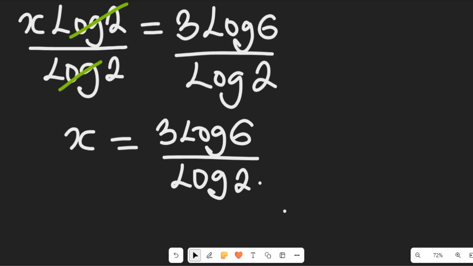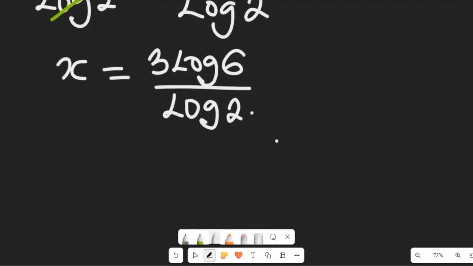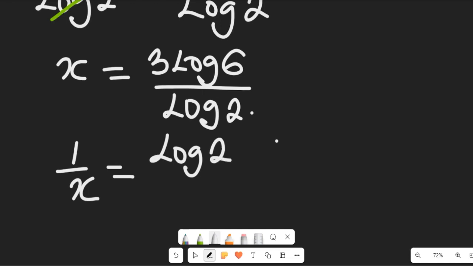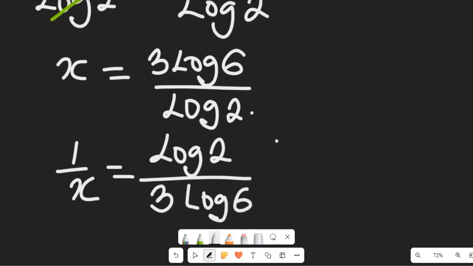Now, if that gives us the value of x, that means the value of 1 divided by x will be equal to log of 2 divided by 3 log of 6. Now, let's take that as one of the equations we've sorted out.